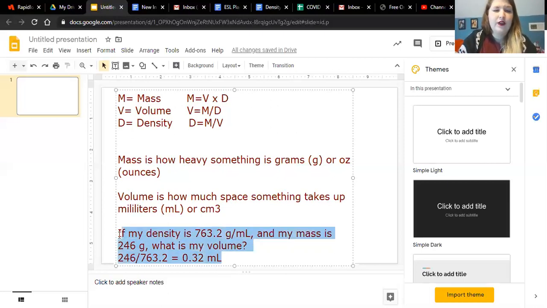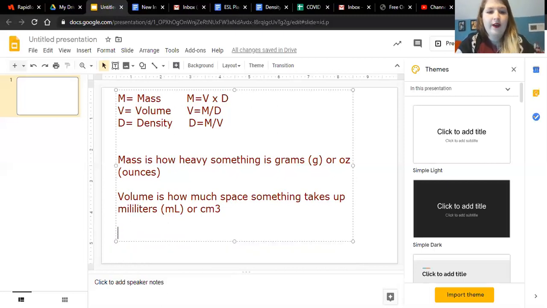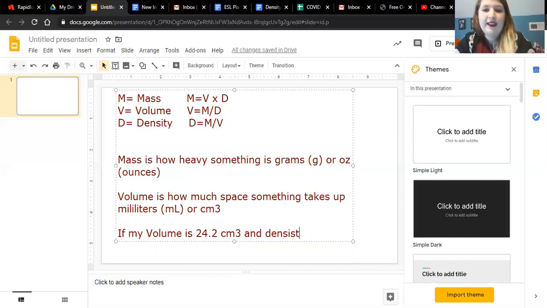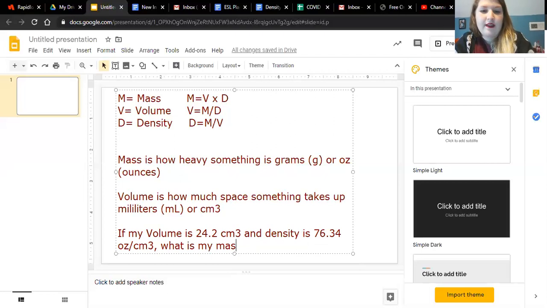So let's do two more. If my volume is 24.2 centimeters squared, and my density is 76.34 grams or ounces by centimeters cubed, what is my mass?